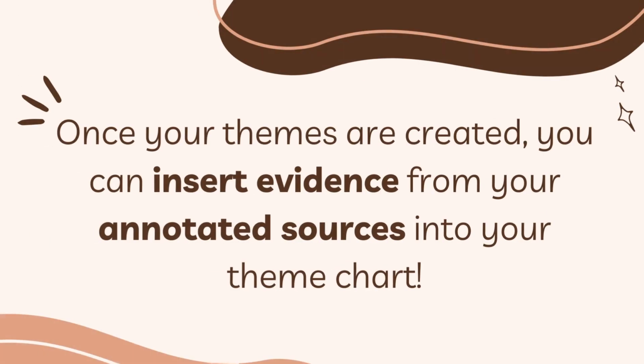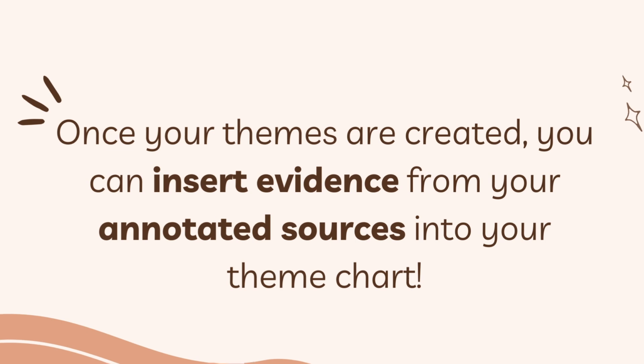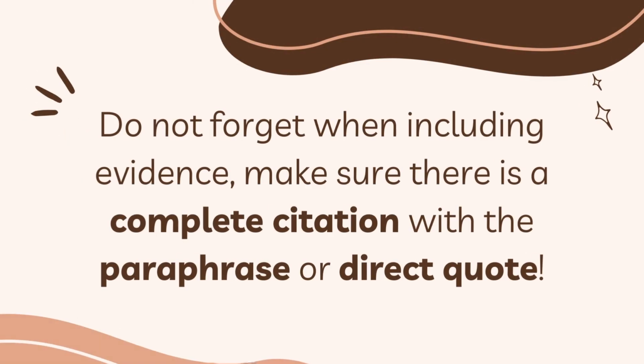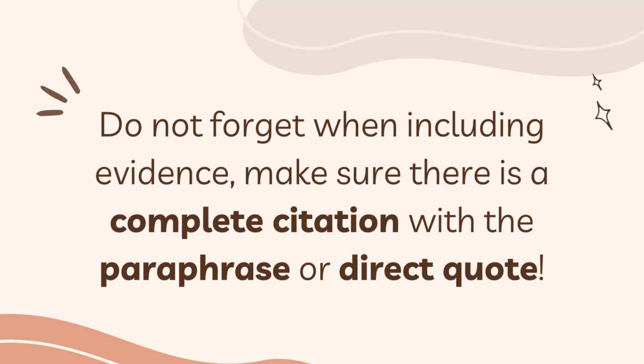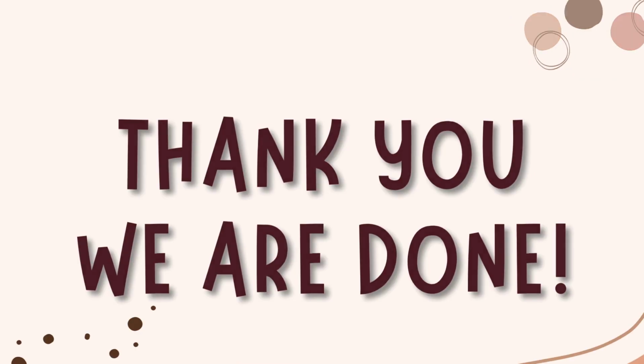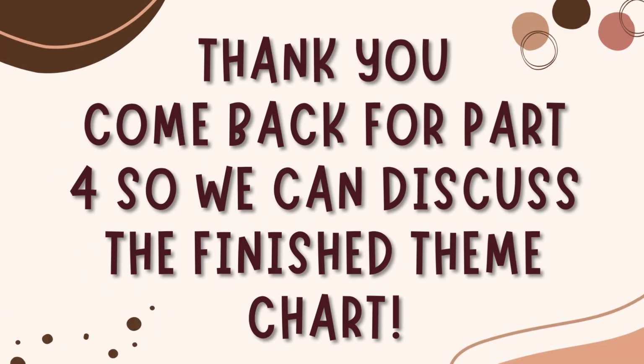Now, once your themes are created, you can insert evidence from your annotated sources into your theme chart. Don't forget, when including evidence, make sure there is a complete citation with the paraphrase or direct quote. Now that you've either paraphrased or cited a direct quote, you can see how it all comes together in part 4, where we can discuss the finished theme chart.